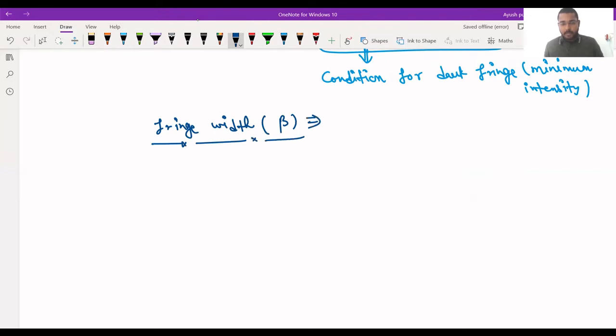Fringe width means the distance between two consecutive maxima or the distance between two consecutive minima. Now, what is the condition for the bright fringe? The condition for the bright fringe is d sine theta is equal to n lambda, right?